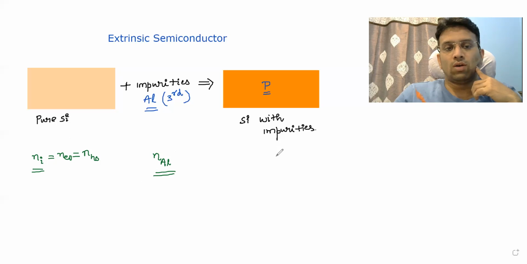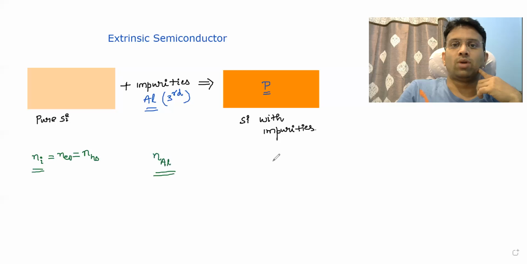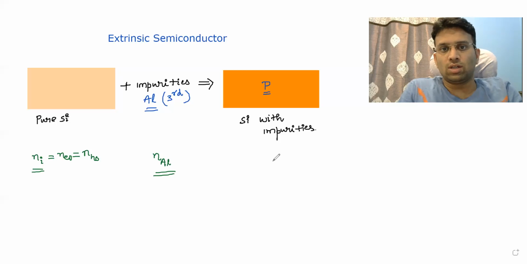And now let us discuss the number of holes and electrons in the silicon with impurities, that is the extrinsic semiconductor. So please follow this carefully.